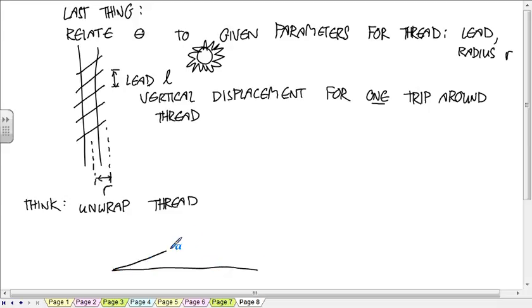Then what you have is a long incline like this. Okay? This is the lead. And what's the horizontal? It's related to the radius, but it's one circumference. So this is going to be 2 pi r.